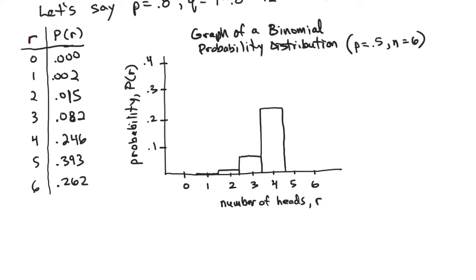Again, we want to make it look like a histogram. The bars are touching, which is what we want. For 5, that's the big one, 0.393. Then for 6, we've got 0.262.